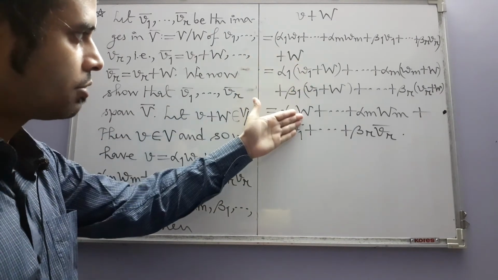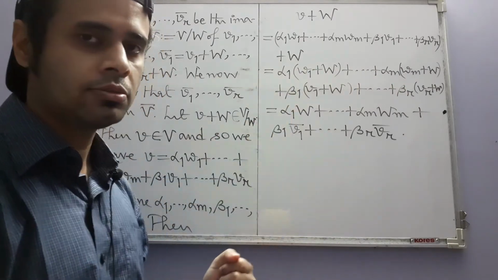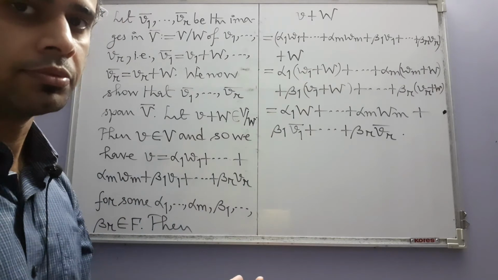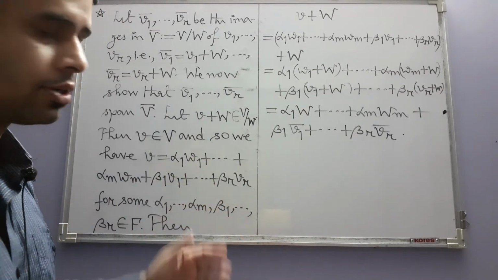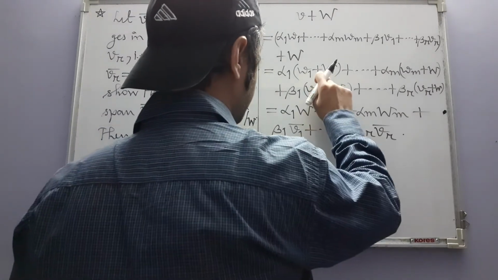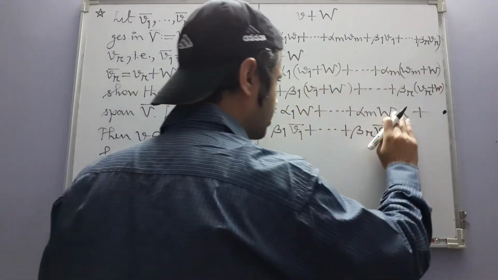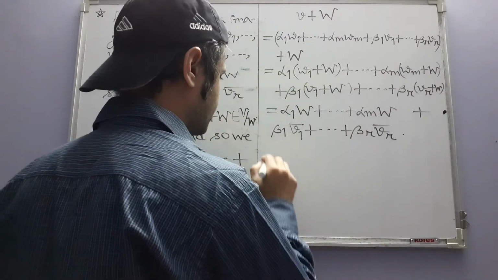This coset is equal to this coset because all these Wi's belong to capital W, so that's why the cosets are just W. Distinct cosets are disjoint. That fact is always there. Okay, so that's why all of these are equal to W. Oh, Wm I have written. This is just W.